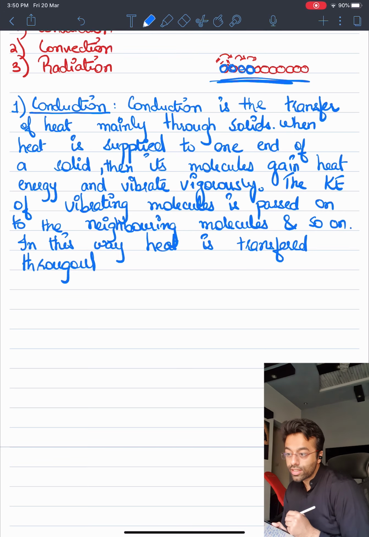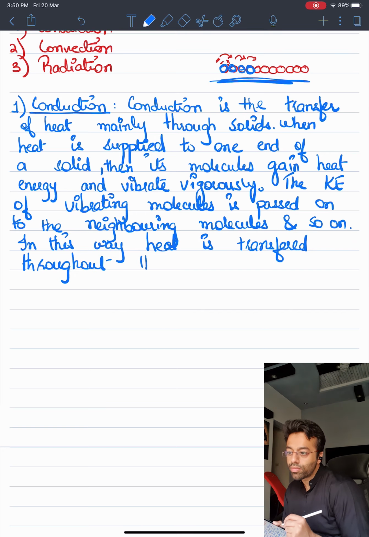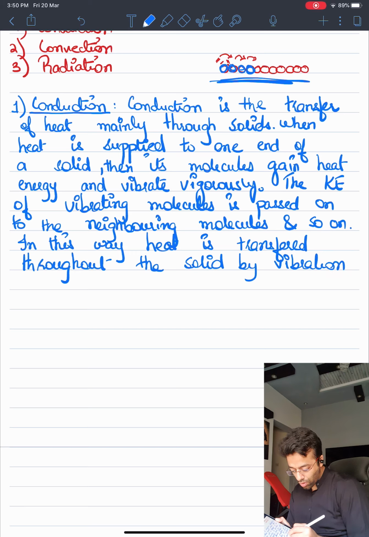In this way, heat is carried throughout the solid by vibration of molecules from one end to the other.